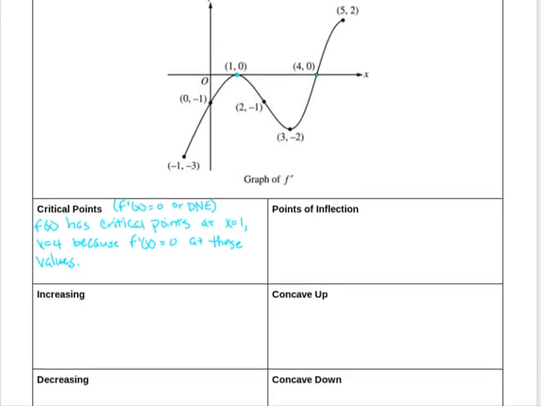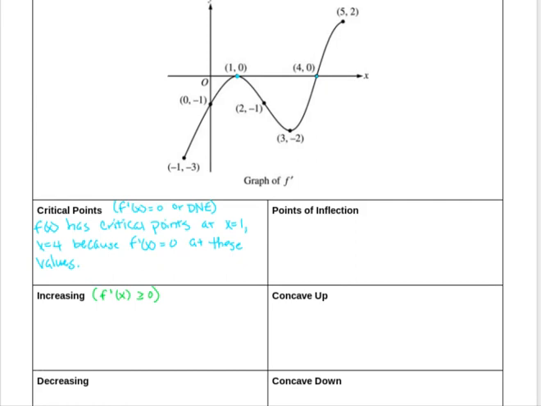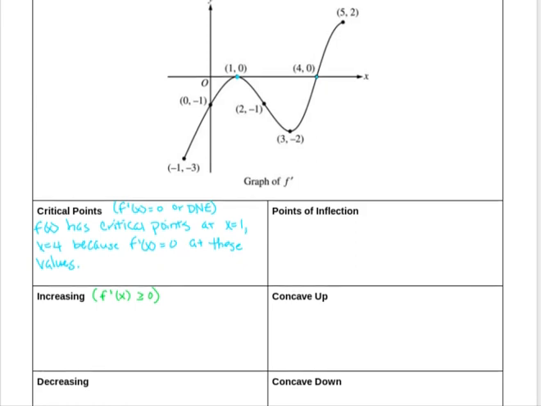The next thing we're asked to identify is where the function is increasing. So again, think about what that actually means. For a function to be increasing, it means that the first derivative, or the slope, is positive. It's greater than or equal to 0. Well, this is the graph of f prime of x, which means I'm going to be looking for where this is above the x-axis. So on this interval here, f prime of x is positive.